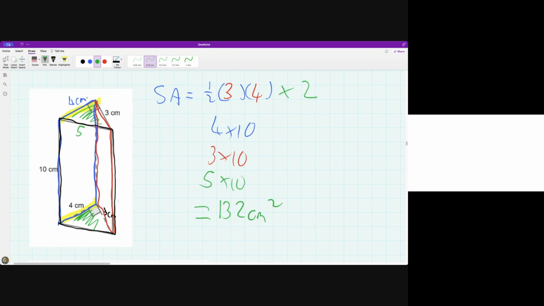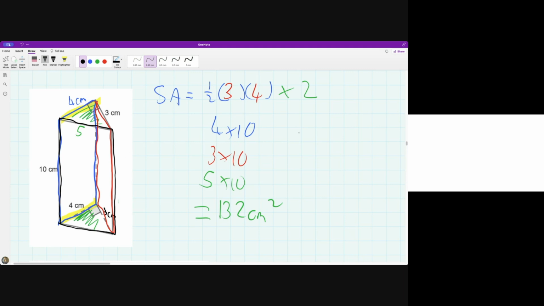Don't forget that you need to double both these triangles. So give me a score out of 10 for how you're feeling about surface area of triangular prisms. Keep the votes coming. Okay. Thank you. That's very, very helpful.